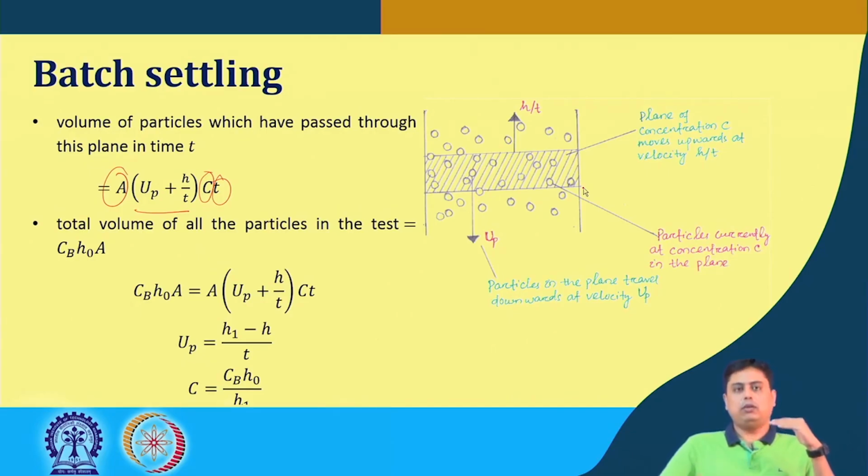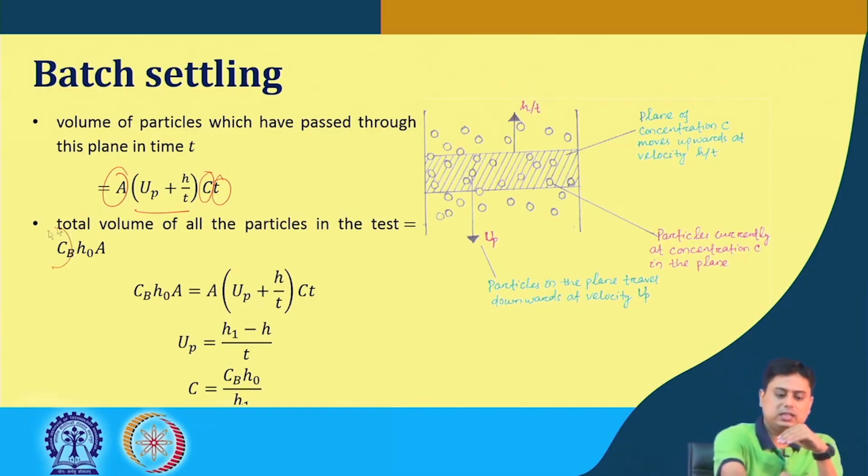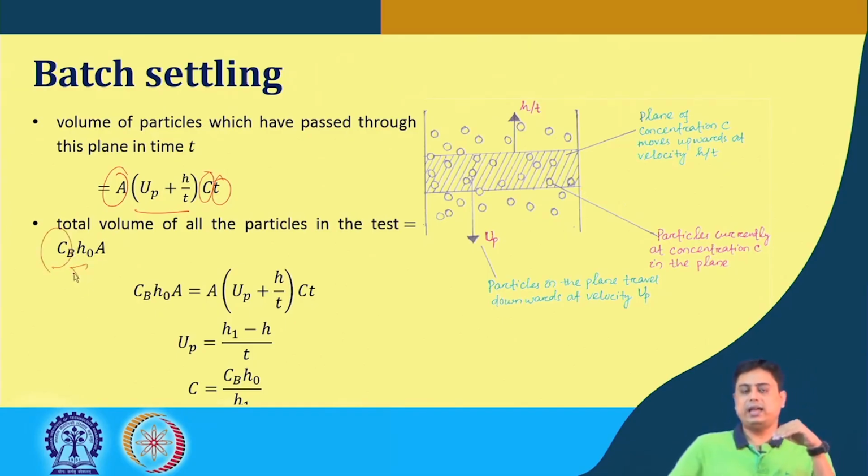The total volume of particles in the whole suspension is the initial concentration multiplied by the initial height multiplied by the cross sectional area. All these particles have crossed this interface of concentration C. So, these numbers are equal, and from this we can find the value of up.